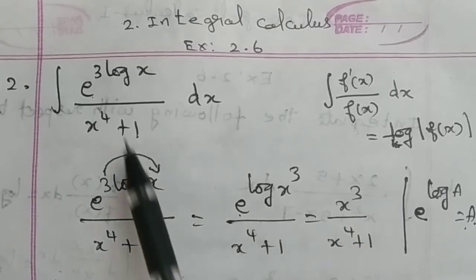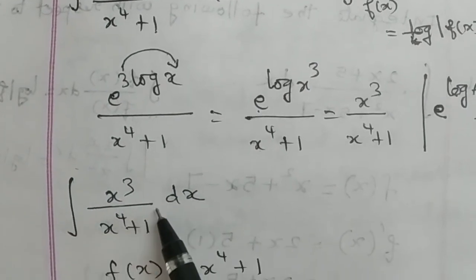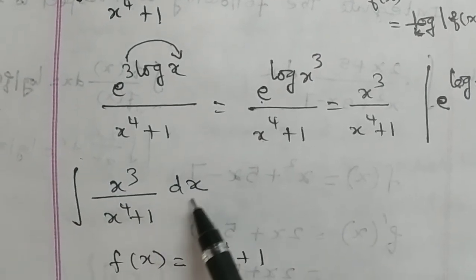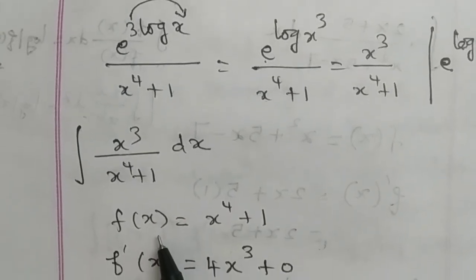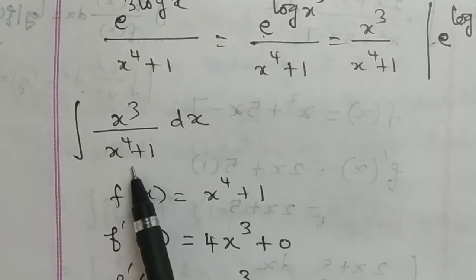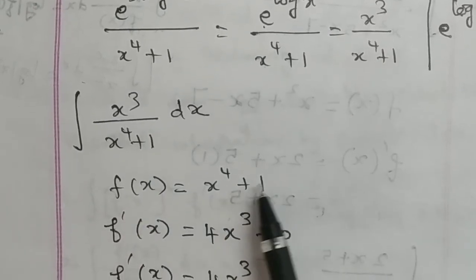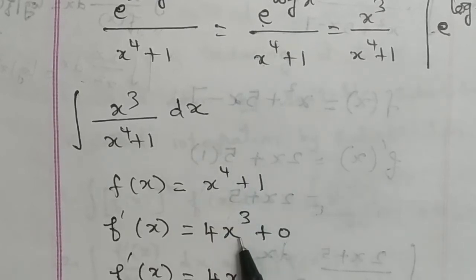Now substitute the values in the integral of x cube divided by x power 4 plus 1 into dx. So f of x equals, what here in the denominator? F of x equals x power 4 plus 1. So what is the derivative for x power 4? 4x cube.